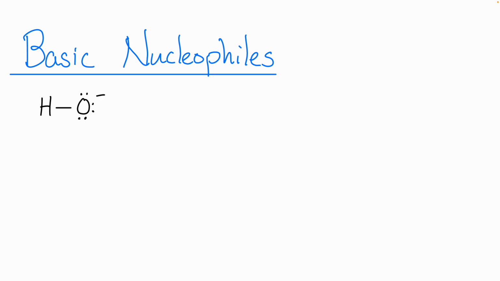So for example, a hydroxide ion, a good nucleophile, we have a lot of electron density on that negatively charged oxygen. So that would be a good basic nucleophile. Or instead of a hydroxide ion, we can use an alkoxide ion. Again, that oxygen with a negative charge.